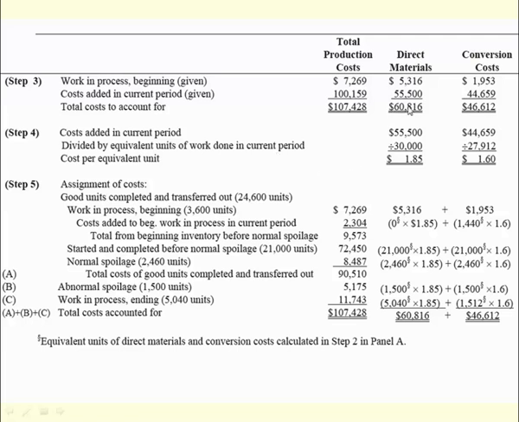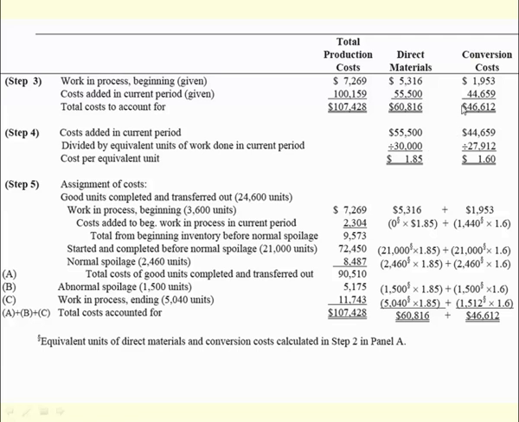So here we do not take total costs to account for, but costs added in the current period, which is 55,500, divided by equivalent units of work done for direct materials, 30,000 units, which equals $1.85 for direct materials cost per equivalent unit.